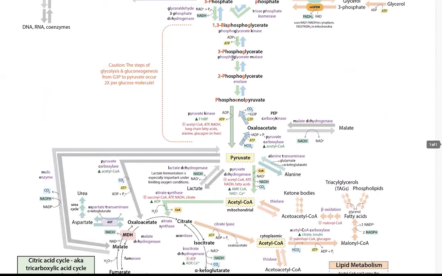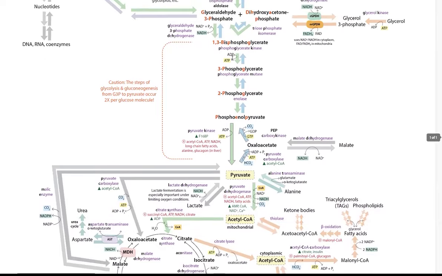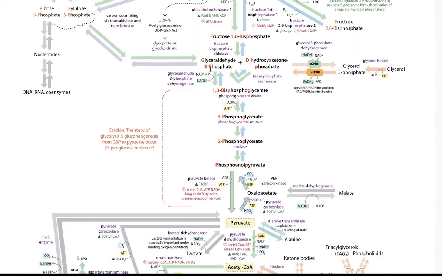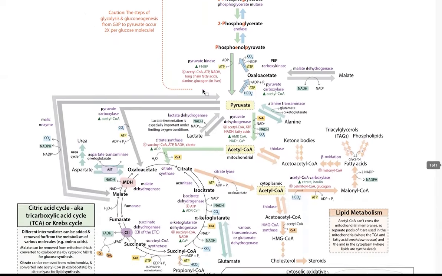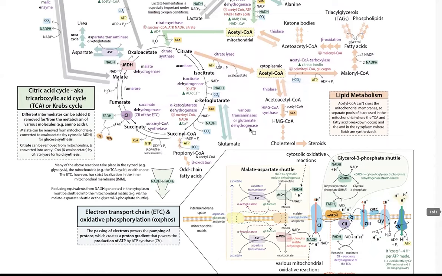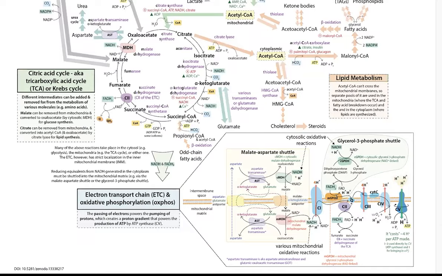Glycolysis is going to be a series of rearrangements and oxidation reactions. In the oxidation reactions, you're going to be passing electrons from these organic molecules that you're breaking down onto NAD+ to give you NADH. Later on, we'll see that those electrons are actually going to be used in the electron transport chain.